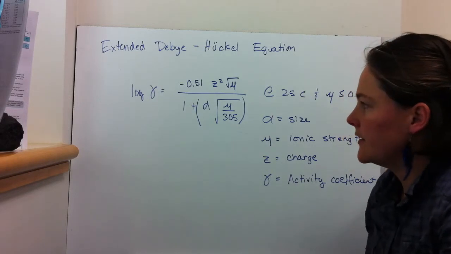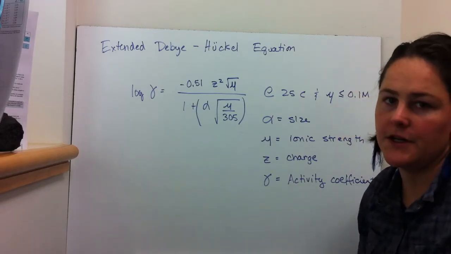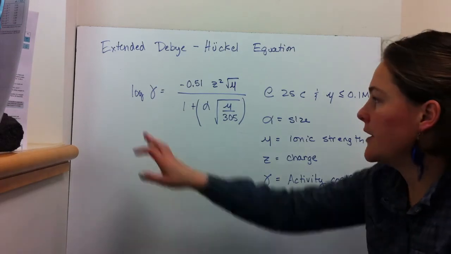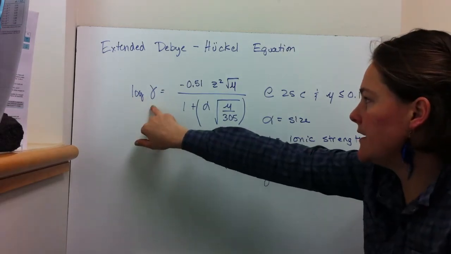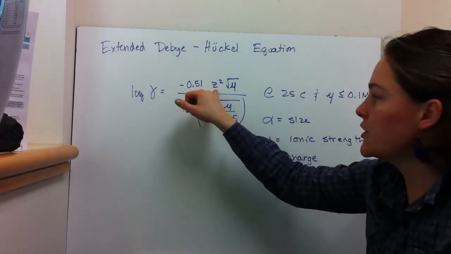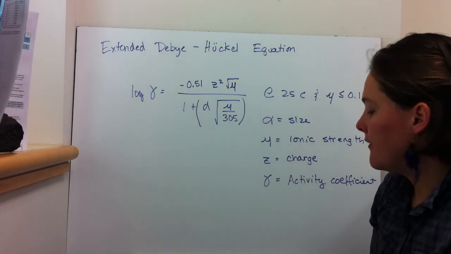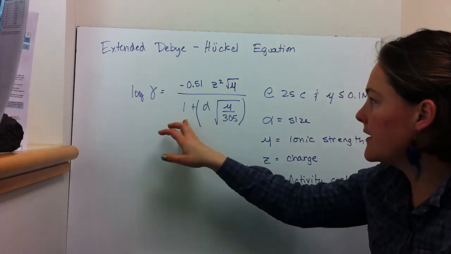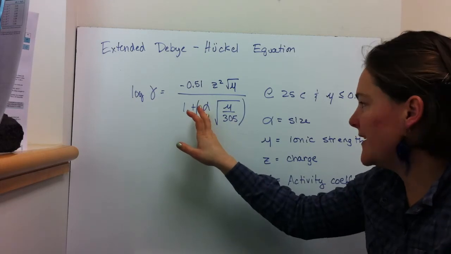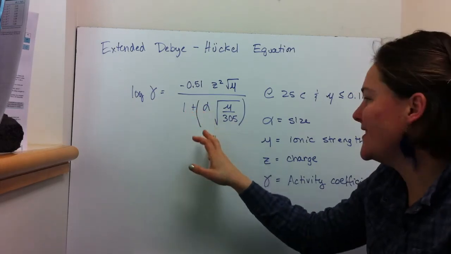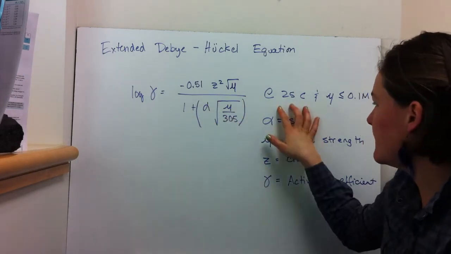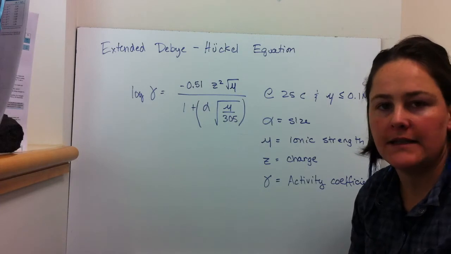So you can calculate the activity coefficient for a species using the extended Debye-Huckel equation, where the log of the activity coefficient equals negative 0.51 times the square of the charge times the square root of mu, which is the ionic strength, over 1 plus alpha, which is the size of the molecule, times the square root of mu over 305. And that's good at 25 degrees C for mu less than 0.1 molar.